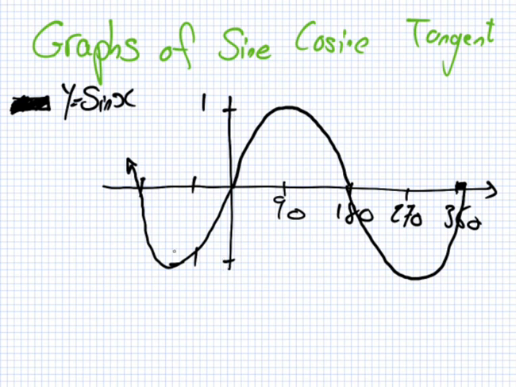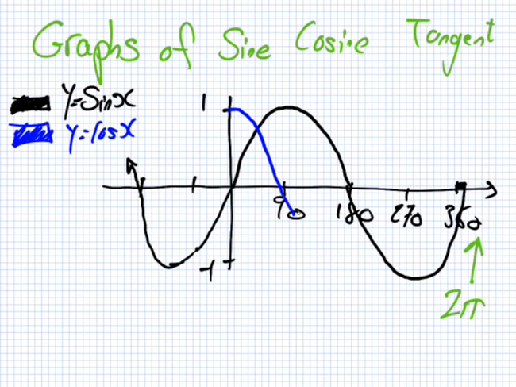Okay, now what we're going to have a look at is making graphs of sine, cos, and tan. Does anybody actually know the graph for sine?